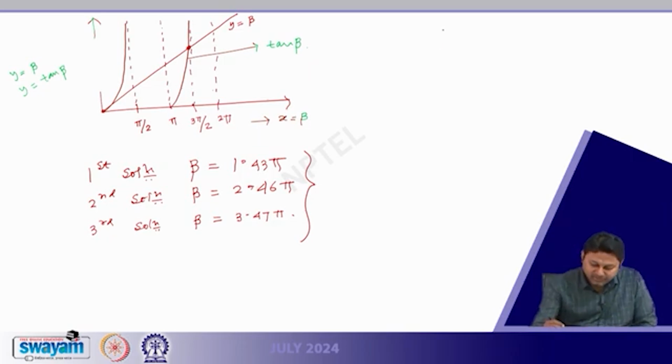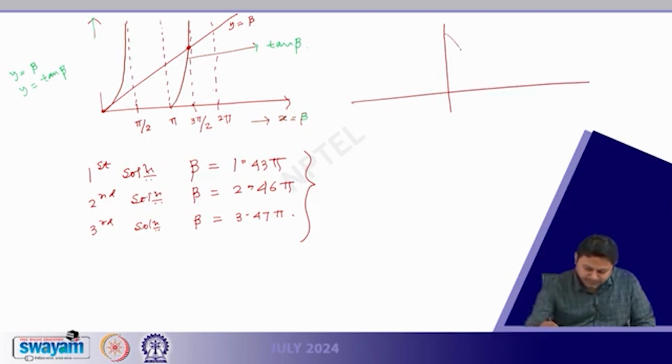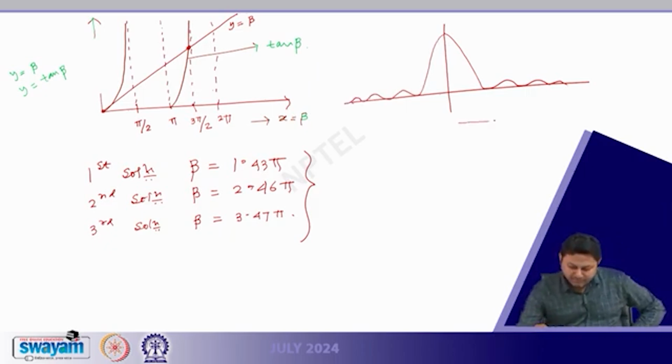So these first three solutions, if I draw the diffraction pattern, and if this is my beta, this point is my beta 1, the first solution, and it is 1.43 pi.